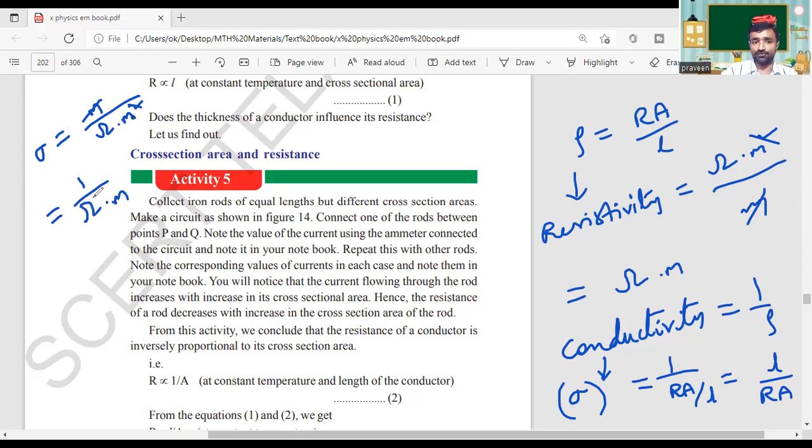If you take this into the numerator, it can be read as Siemens. So we can write mho per meter or Siemens per meter. The units of conductivity are Siemens per meter or mho per meter. Sometimes you may see it given like this also.